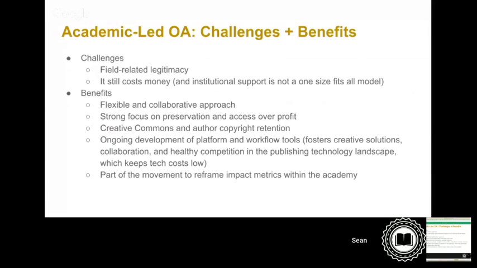And ultimately, this fosters creative solutions, collaboration, and healthy competition in the publishing technology landscape while helping us to keep costs comparatively low. And finally, we're part of the larger movement to reframe impact metrics and how a journal measures its significance within the academy.